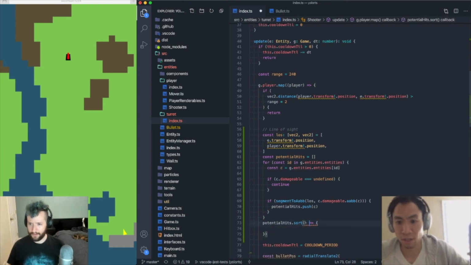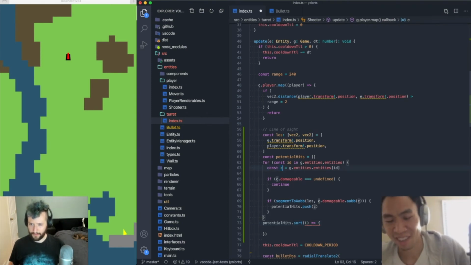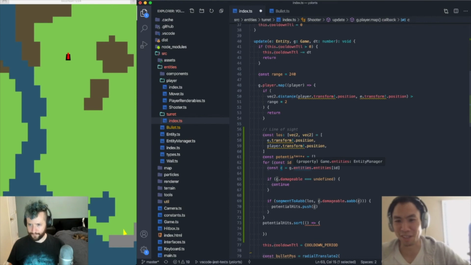Right. And can we use the letter C? C is wrong, actually. I think we just copied it from Bullet. C makes it sound like it's a component. What it is, is the other entity. We can't use E because E means this entity. So maybe we should call it other. Other is fine too. I like other.